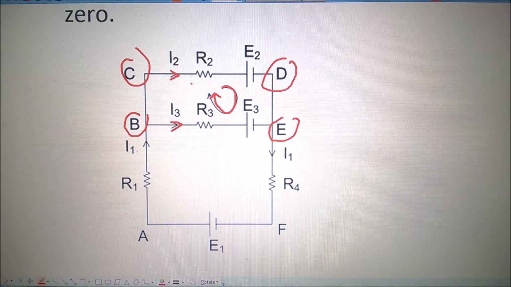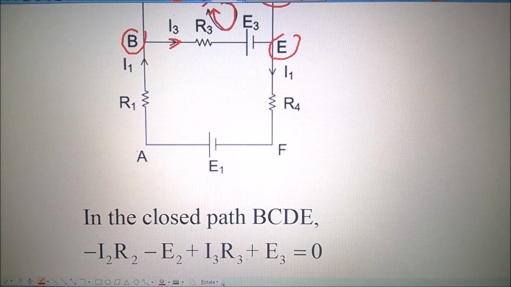As we come from C to D, we are moving along the direction of the branch current, from a higher potential to a lower potential. Therefore, the product of I2 into R2 will be negative, as I am showing here.